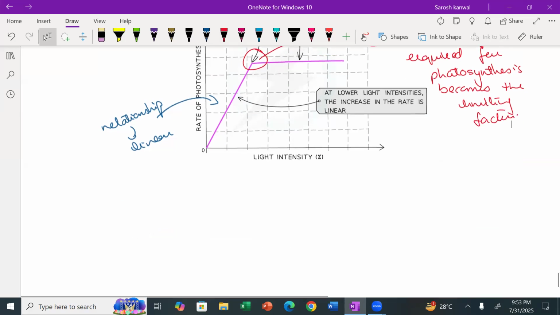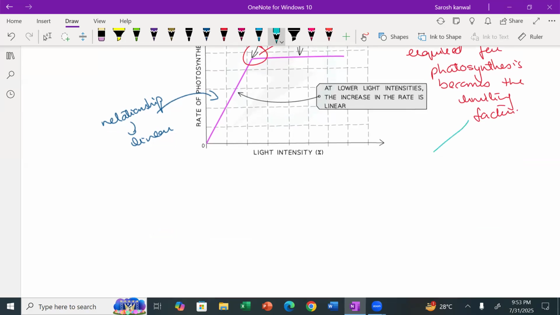And that other factor could be temperature, or it could be carbon dioxide concentration.